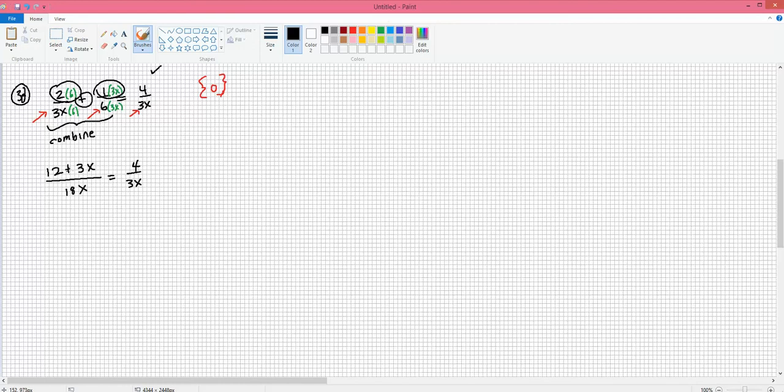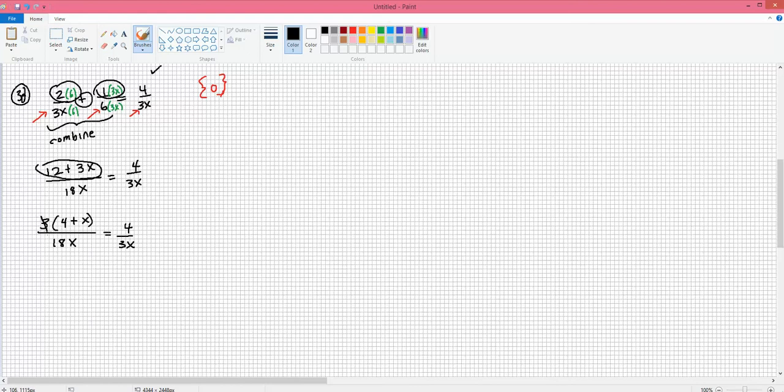Now, since I didn't get the lowest common denominator, I can factor something here, a 3 from this numerator, right? Then if I factor out that 3, I have 4 plus x over 18x equals 4 over 3x.